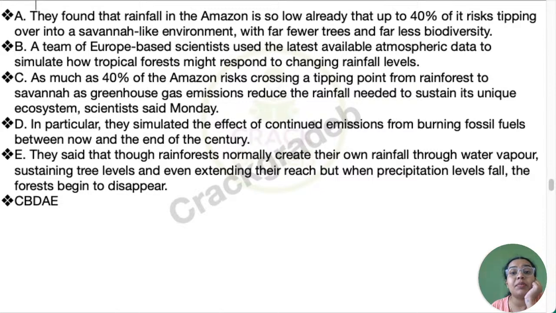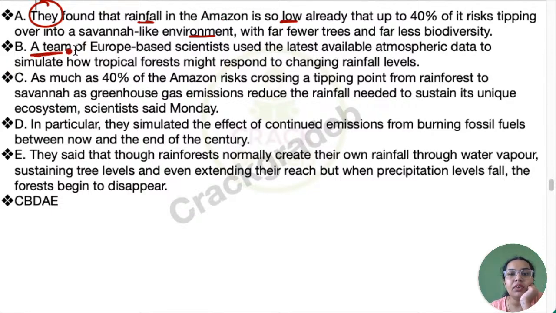They found, now this is interesting. They found something. Now who are these people? Has to be more than one person. They found that rainfall in Amazon is so low already that up to 40% of it risks tipping over into savanna like environments. Okay, we'll keep that in mind. Read ahead.